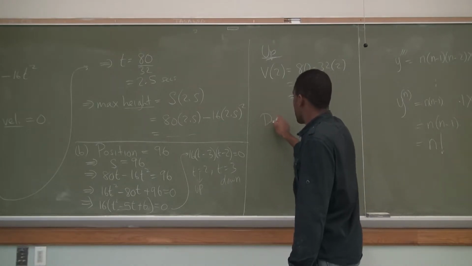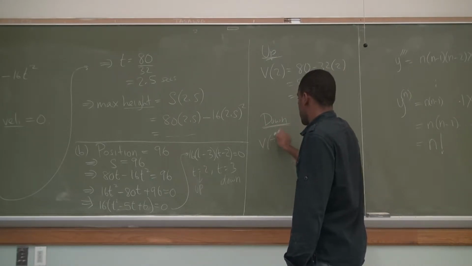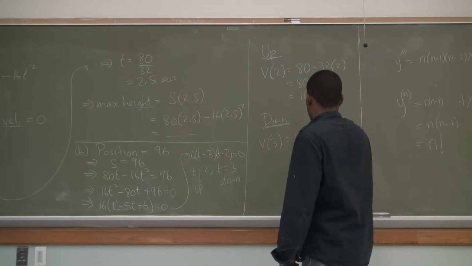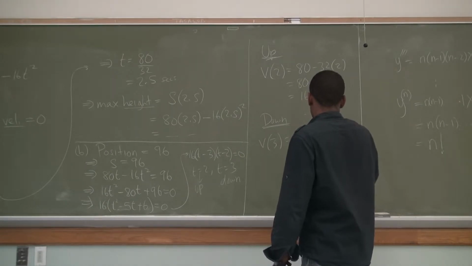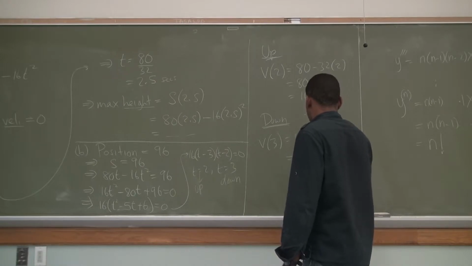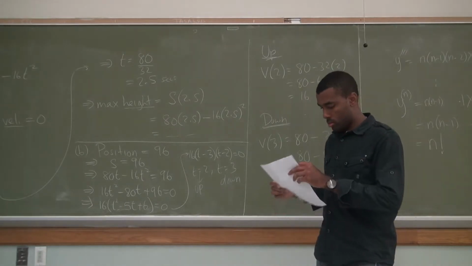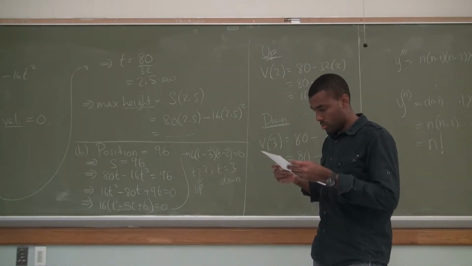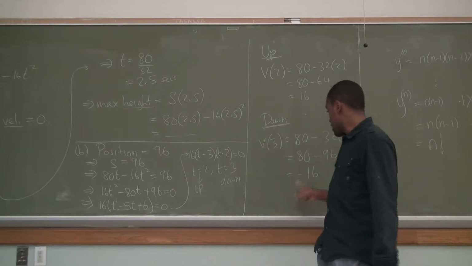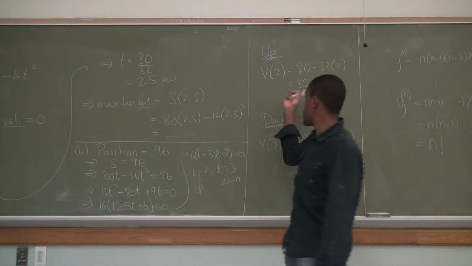And on the way down, the velocity at 3 is minus 16. Right, so negative velocity implies that it's on its way down. Positive implies that it's on its way up.